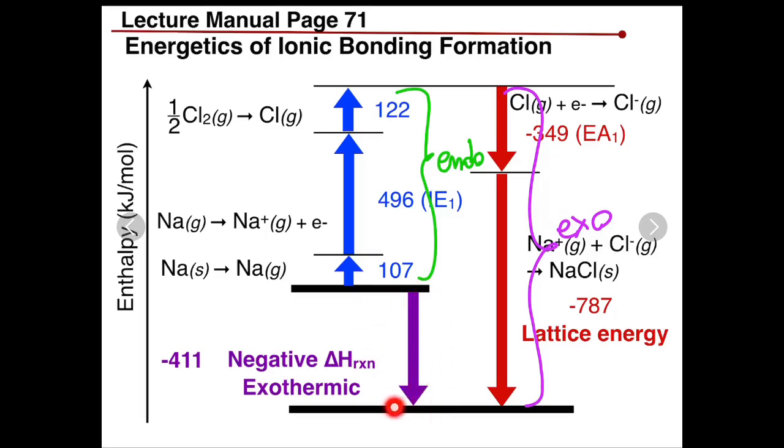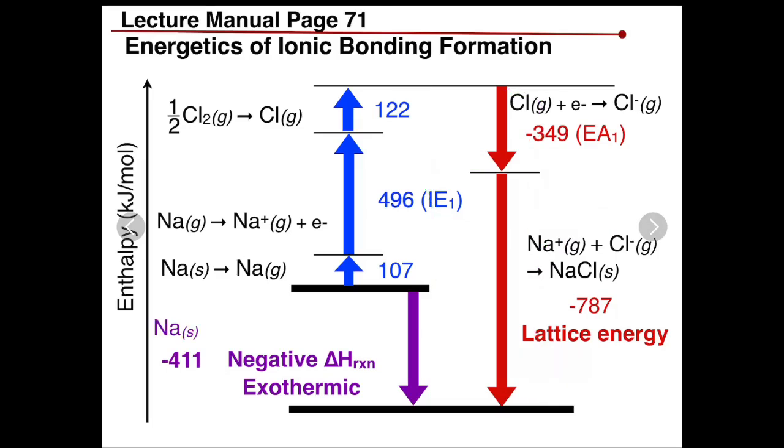So the enthalpy or heat of reaction for this process would be the difference between these two sides. It comes out to be around negative 400, which indicates that if you form sodium chloride from sodium metal and chlorine gas, you are going to see this much heat being generated.